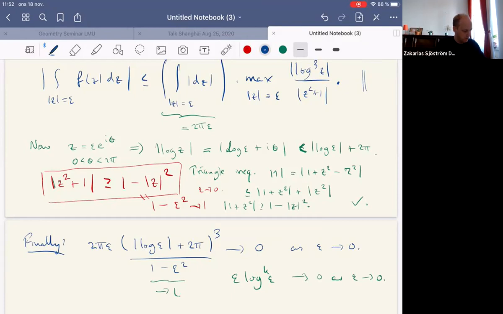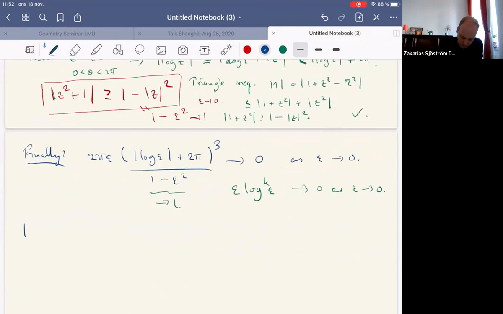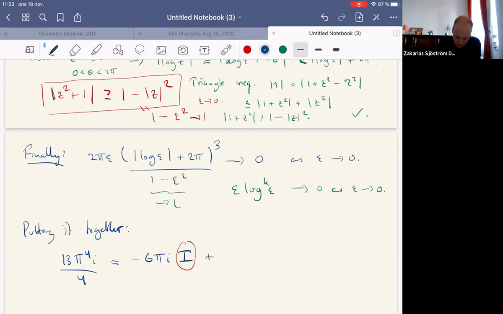It's here. Okay, so putting it all together now, we have that, you remember we computed the full integral was equal to this, and then we had, so this being the integral that we are interested in. So we had this plus 12 pi squared.